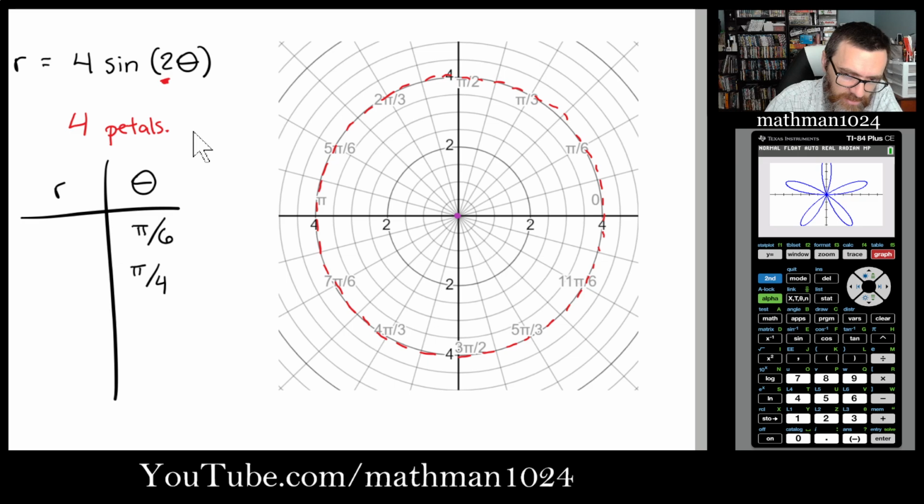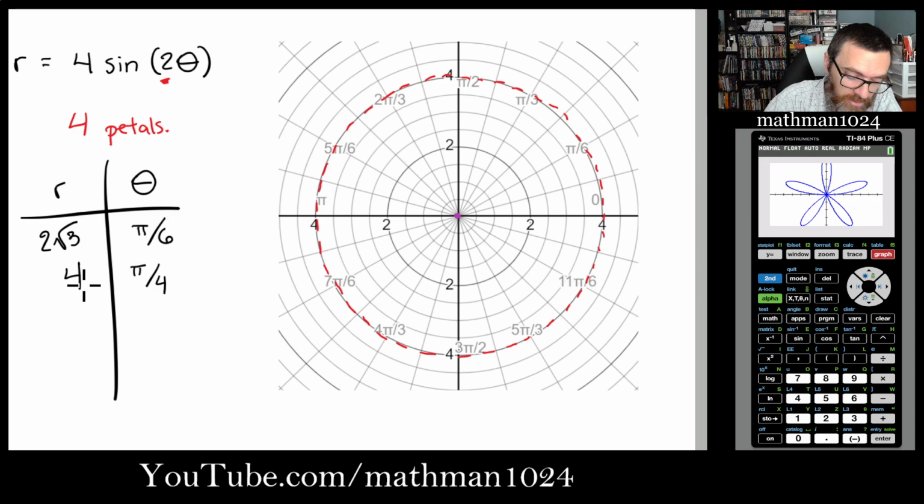So then we would have pi over 3, sine is square root of 3 over 2. So we'd end up with 2 square roots of 3. Not very helpful, right? What about pi over 4? 2 times pi over 4 is pi over 2. Sine of pi over 2 is 1.